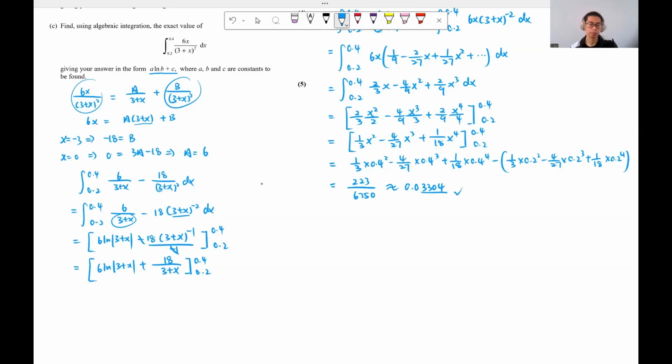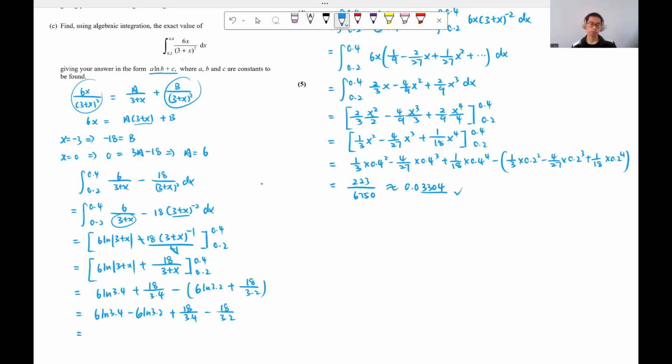So now substitute in: that would be 6 ln 3.4 plus 18 over 3 plus 0.4, which is 3.4, and then minus 6 ln 3.2, and then plus 18 over 3.2. So then that would be 6 ln 3.4 minus 6 ln 3.2, and then plus 18 over 3.4 minus 18 over 3.2.